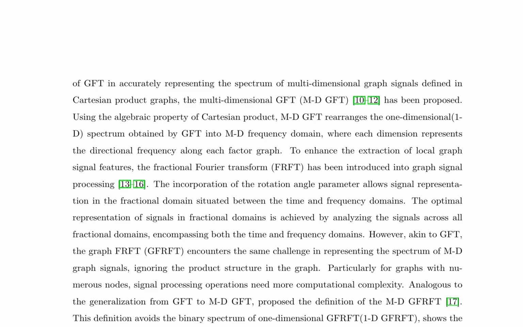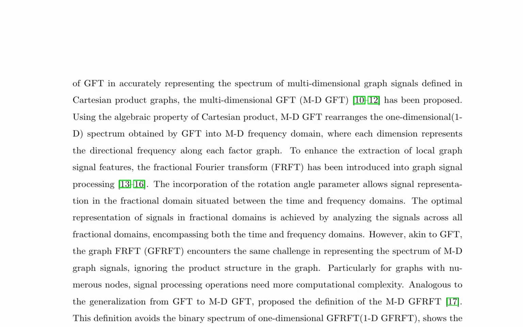The fractional Fourier transform, FRFT, has also been introduced into graph signal processing to enhance the extraction of local graph signal features. By incorporating a rotation angle parameter, FRFT allows signal representation in the fractional domain, situated between the time and frequency domains.